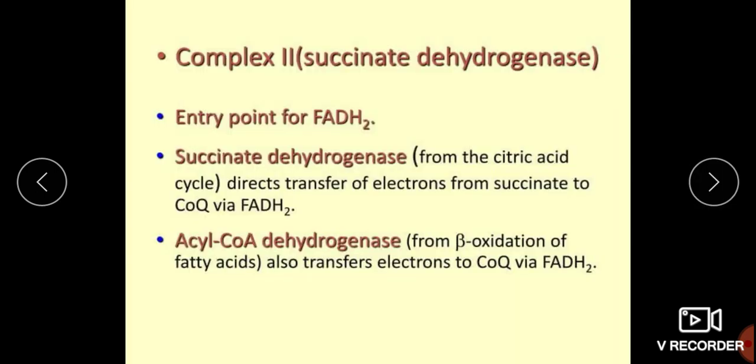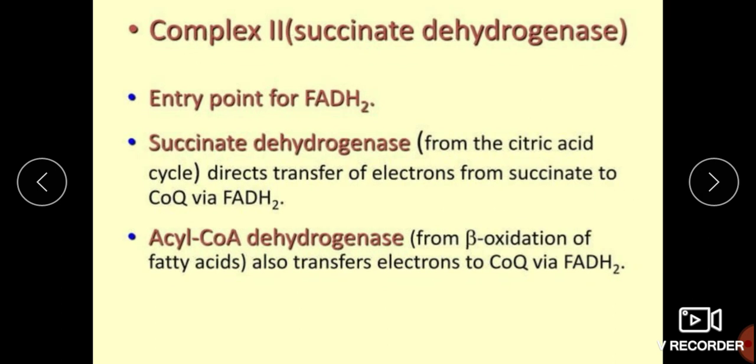Then complex 2, that is succinate dehydrogenase, is an entry point for FADH2. We know that succinate dehydrogenase is an enzyme of the TCA cycle, and this enzyme directs the formation of succinic acid via FADH2.